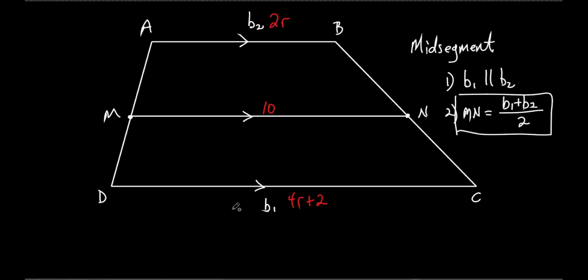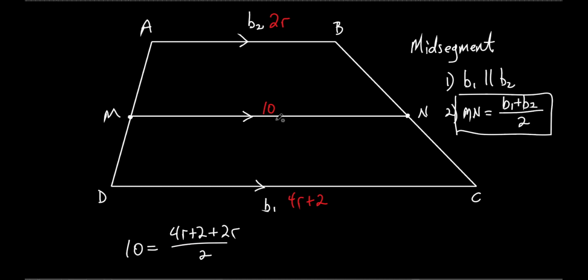So instead of mid-segment, what am I going to put? Put a 10 equals what? What are my two bases? Yeah, one of them is 4R plus 2. And what do I do to the other one? Yeah, plus. Good. 2R. I add them up. And then what do I do to it? Divide it by 2. See how I set it up?